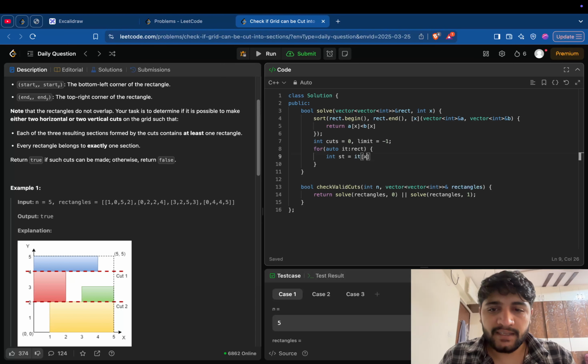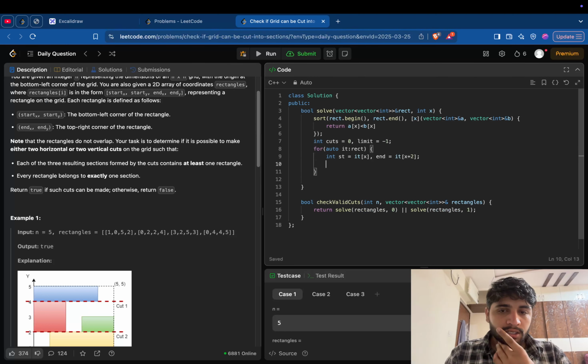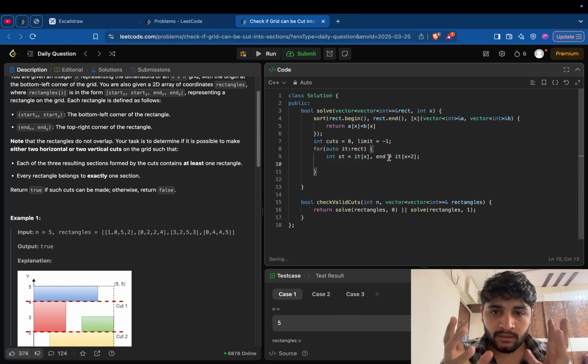So basically it[x] will be the start, and the end, if it's along the x-axis, will be at the third position, x plus 2. And if it's y, then 1 plus 2, the last element 3. Fine. So that is how we are going to cut this. This is the start and end of this particular first cut.